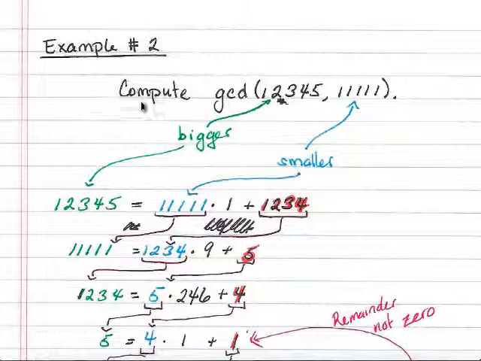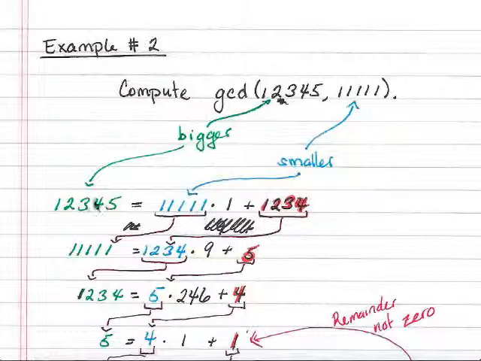Alright, so in this example, we want to compute the GCD of 12,345 and 11,111. We take the bigger number and put it out front here in green, and we say equals, and we take the smaller number and we put it right there, and we say multiplied times this, and then plus this.